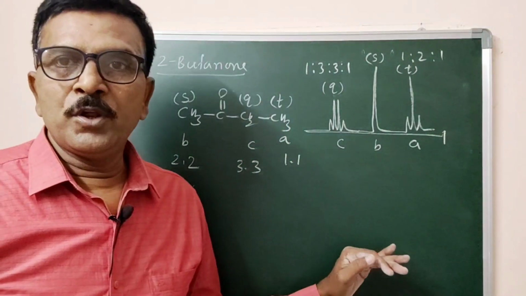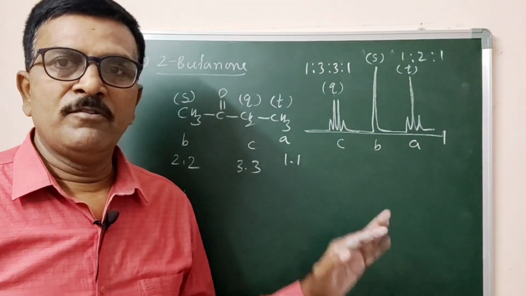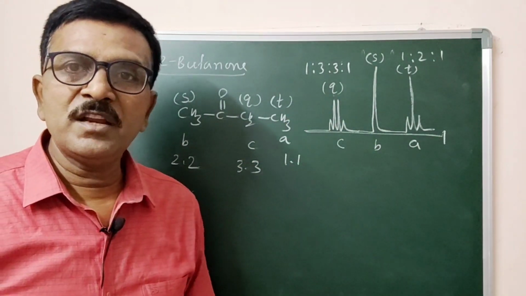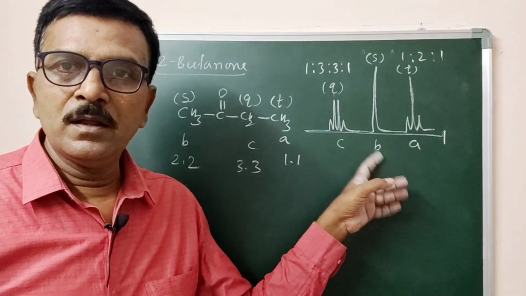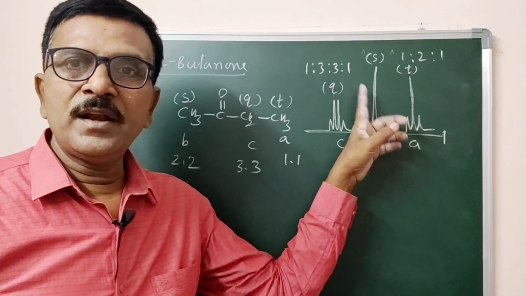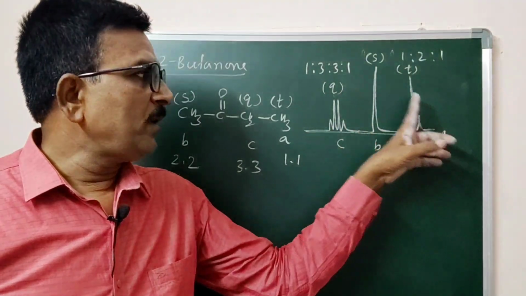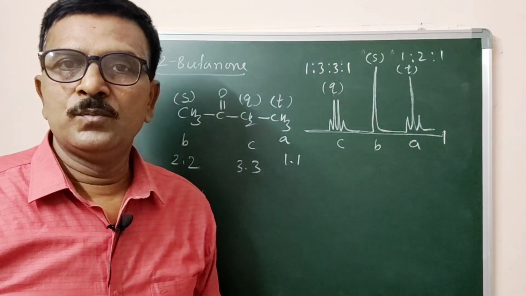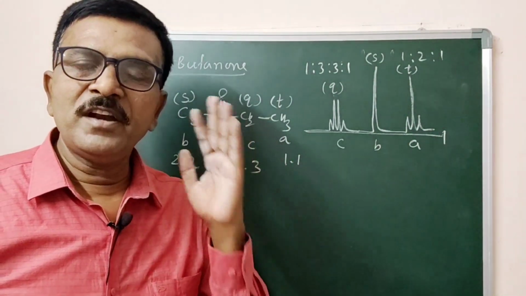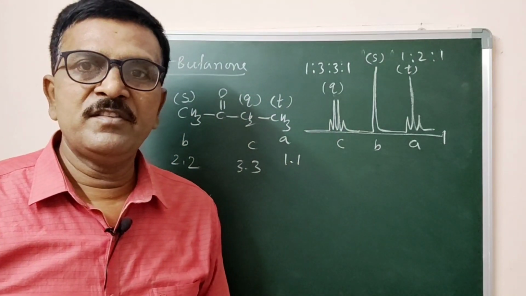Ethyl acetate and 2-butanone spectrums are same, where in the ethyl acetate we can observe 3 signals, here also 3 signals. First signal triplet, singlet and quartet, there triplet, singlet, quartet, here also. What is the difference? The difference is the absorption frequency.